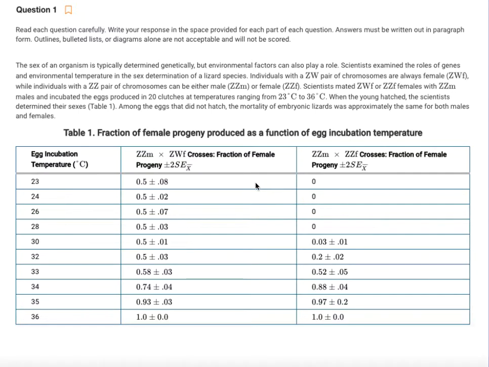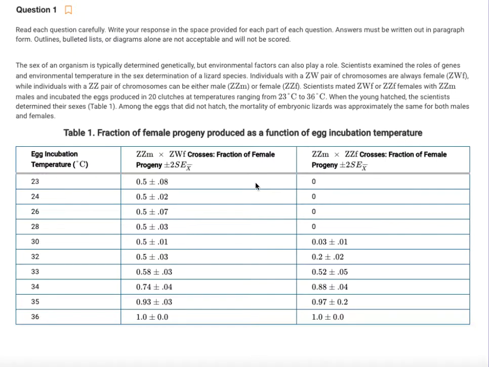So the sex of an organism is typically determined genetically, but environmental factors can also play a role. Scientists examine the role of genes and environmental temperature in the sex determination of a lizard species. Individuals with a ZW pair of chromosomes are always female, while individuals with a ZZ pair of chromosomes can be either male, ZZM, or female, ZZF.